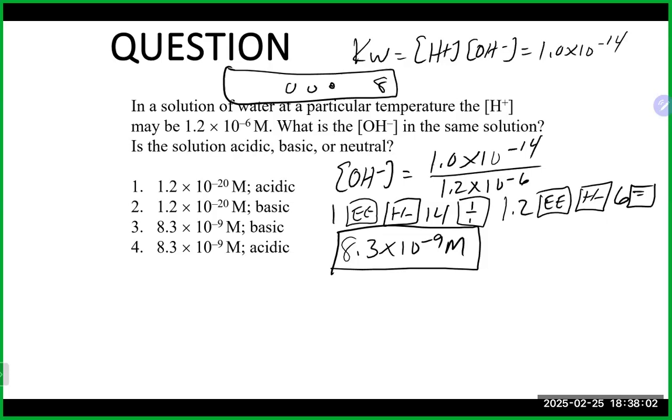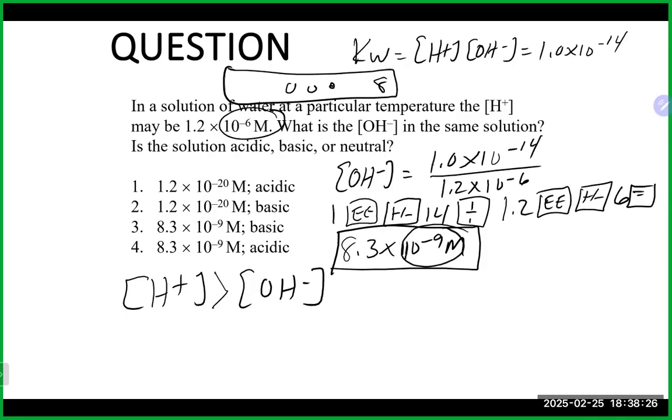In this case, we want to compare the H plus concentration to the OH minus concentration. In this particular case, which one is larger? It is the hydrogen concentration, right? The hydrogen concentration is to the minus 6, and our hydroxide is to the minus 9. Remember that when you're comparing negative exponents, the smaller negative exponent is actually the larger number.